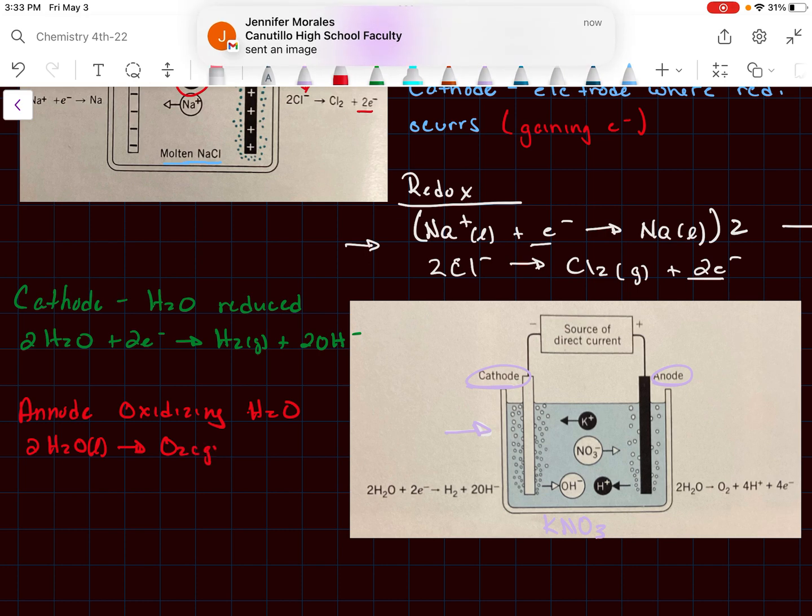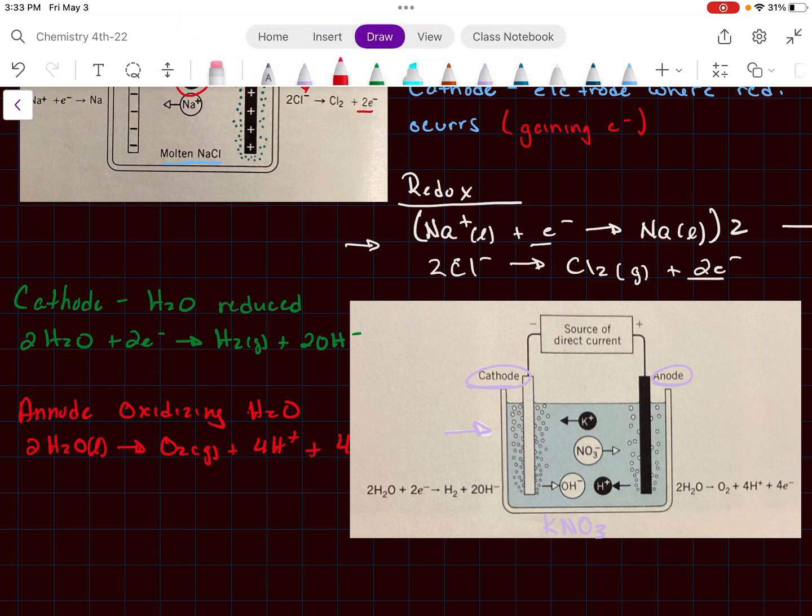O2 gas, right, plus 4H plus 4 electrons. Okay, so you're still getting oxidation and reduction. However, when you're working in an aqueous environment, which is what we have here, okay, all the oxidation and all the reduction is going to occur at water.